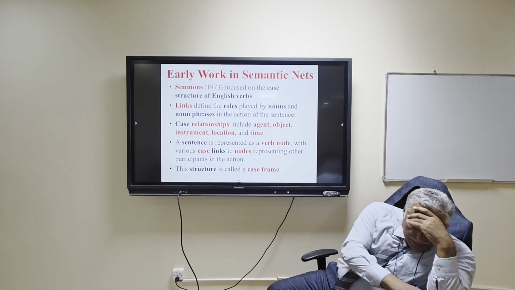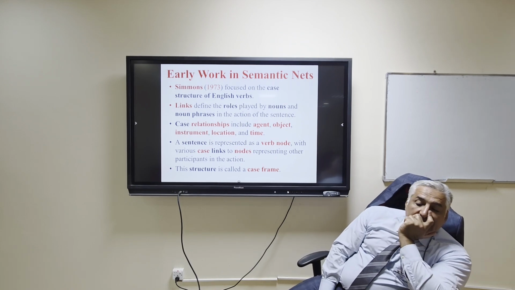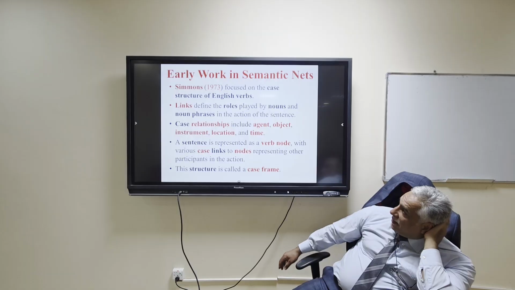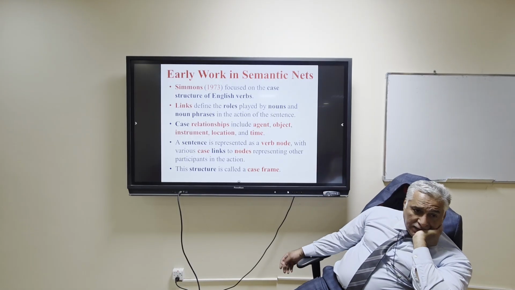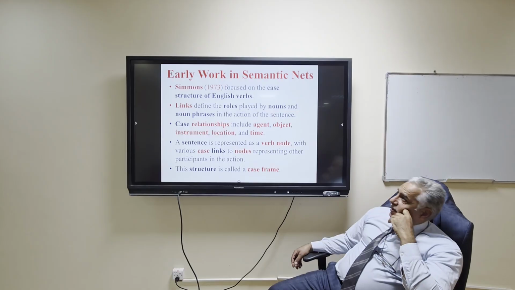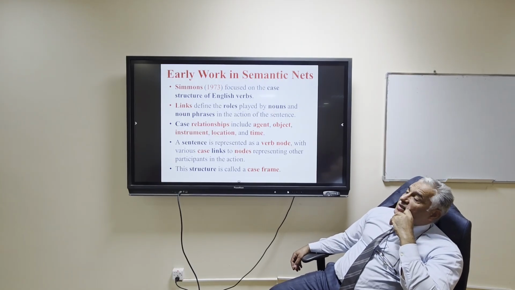Now we will talk about the early works in semantic networks. In 1973, Simmons focused on the case structure of English verbs.